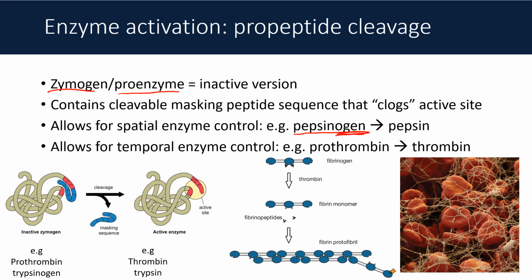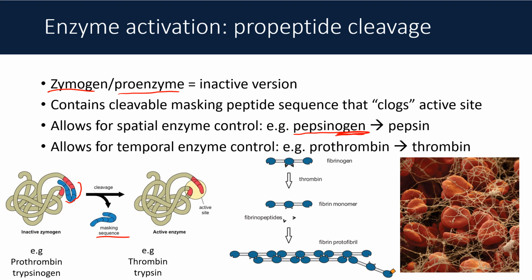It can't do that because it contains a masking sequence, a propeptide that clogs the active site. Kind of like a kid with his fist stuck in his mouth, it can't react as long as that segment is crammed in there.